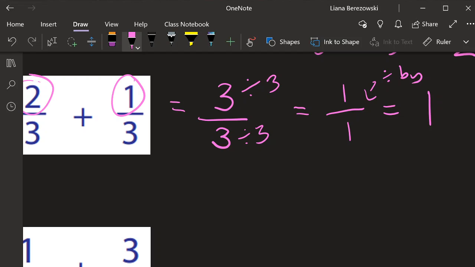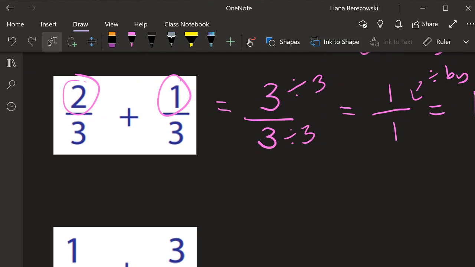So 3 over 3 can be simplified to 1 over 1, and 1 over 1 is just the same thing as 1. So our answer to this question, really, if we simplify it all the way, is just 1. Again, if you give me the answer as 3 over 3, I won't mark it wrong. Okay, unless the question specifically asks you to simplify, then you have to.